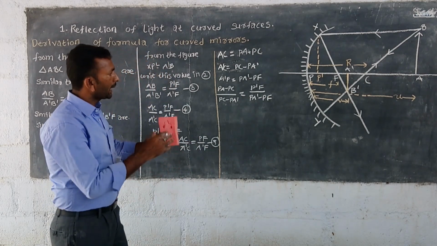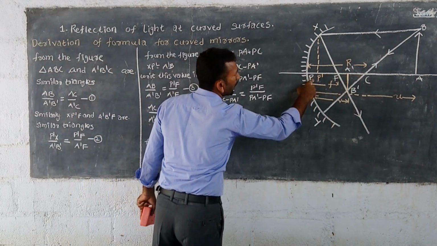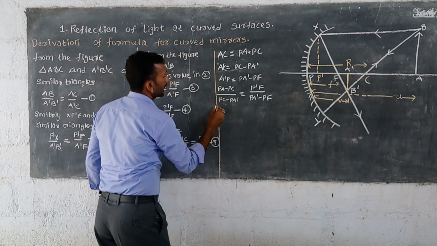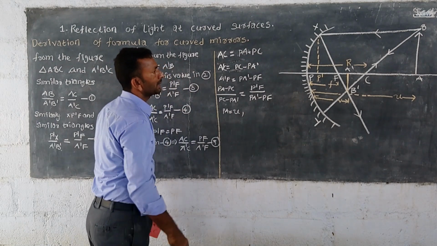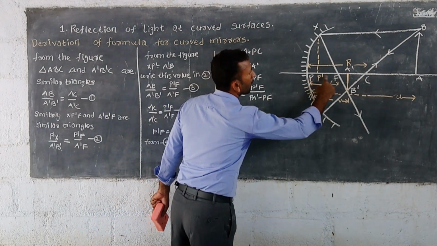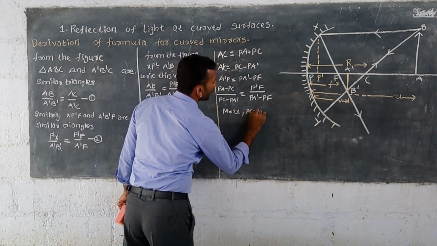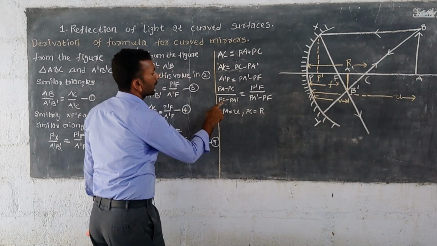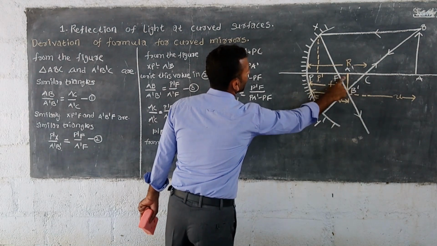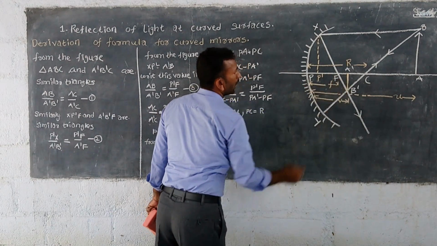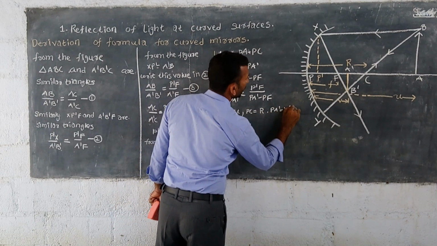Okay, and we have some values here. PA, the distance between the pole of the mirror and the object, equals u. PC, the distance between the pole of the mirror and the center of curvature, equals the radius of curvature R. PA dash, the distance between the pole of the mirror and the image, equals small v.